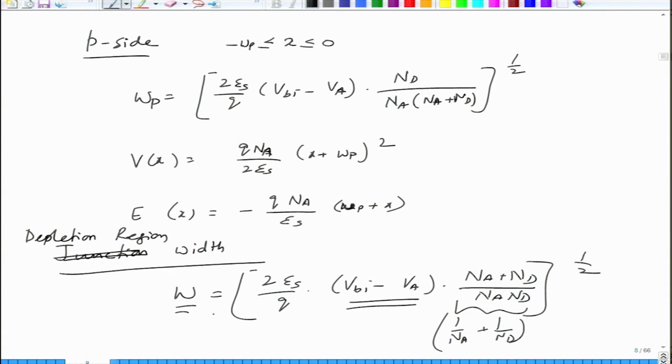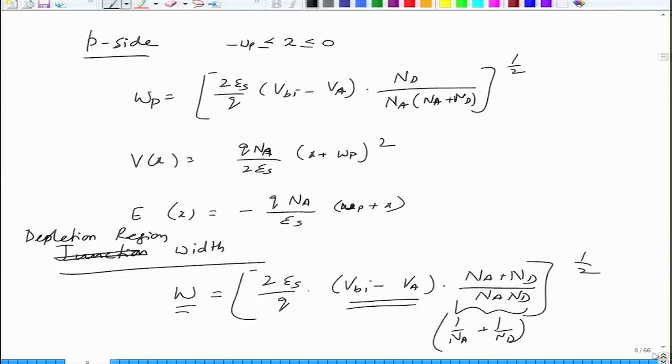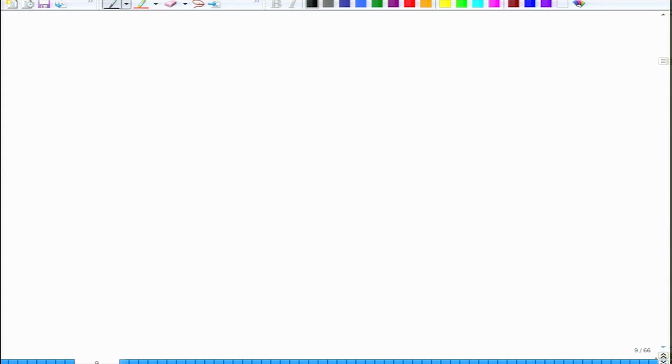As a result, the depletion region width becomes larger as you apply more and more reverse bias. And the effect that it has on the IV characteristics is like this, which we will derive.